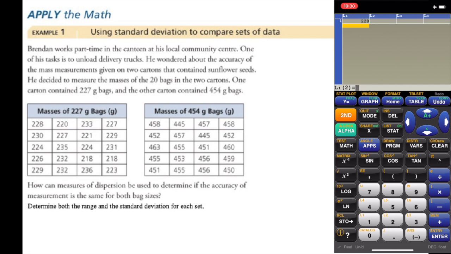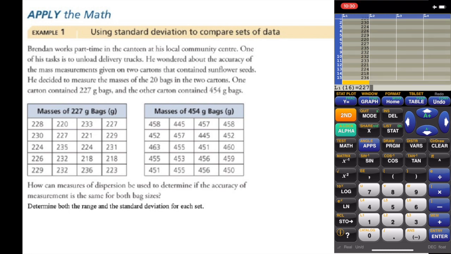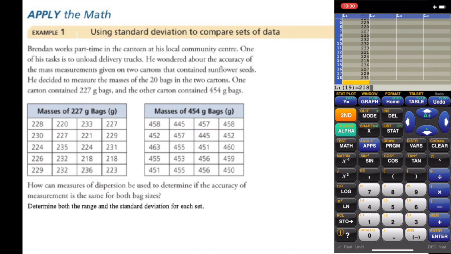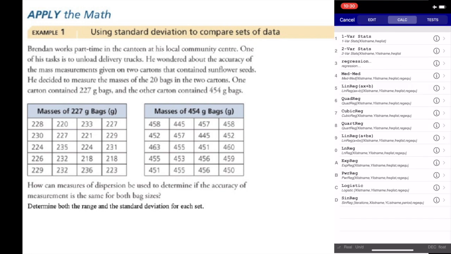After getting in the right spot, my cursor was just off the screen, so it wasn't actually entering. Quit out of that. Go to the calculate side of stats, option 1.